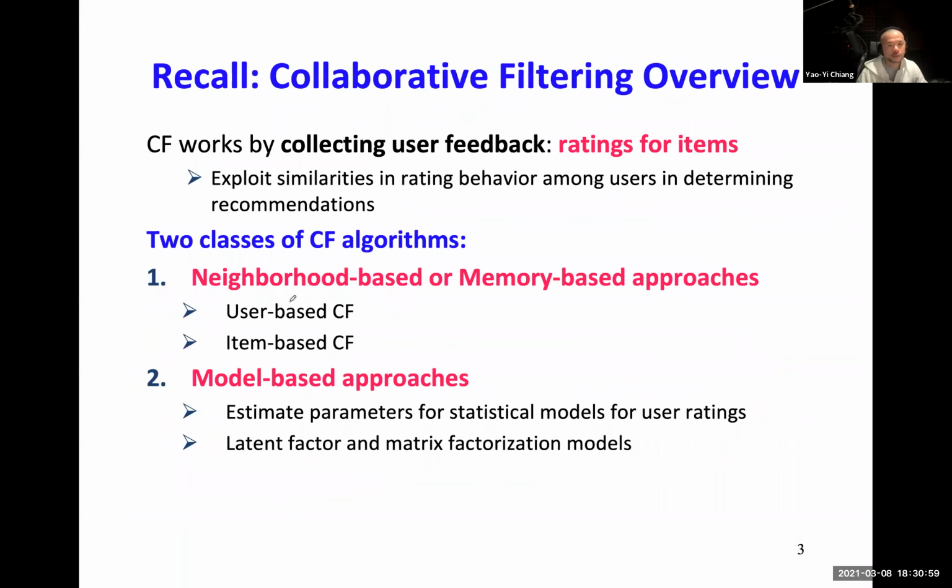So the two methods we talked about are user-based and item-based. Today we're going to quickly go over the model-based approaches. And you can actually find a function for this in the Spark MLlib.